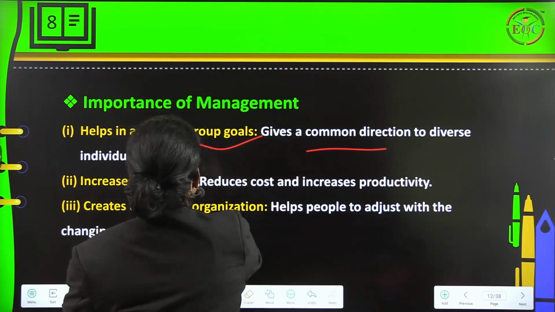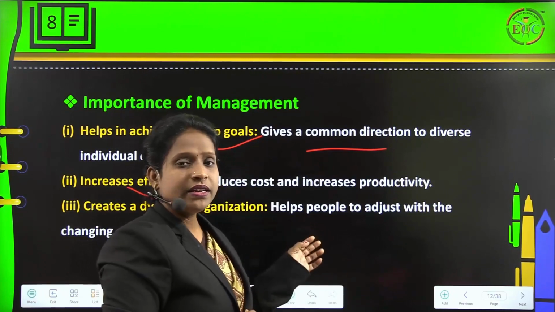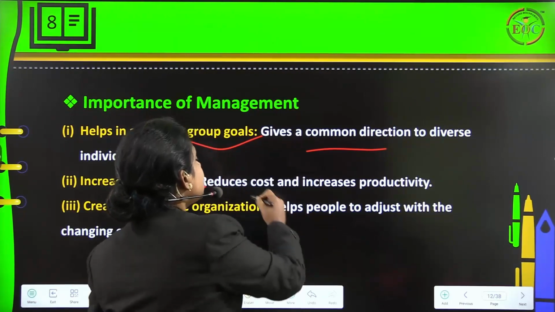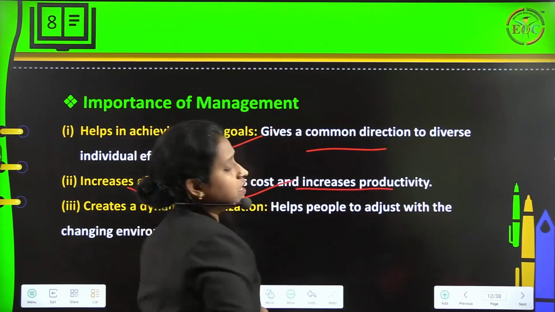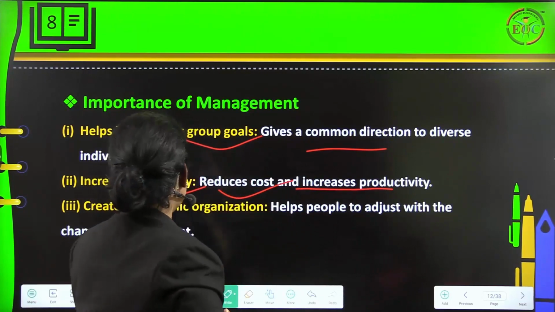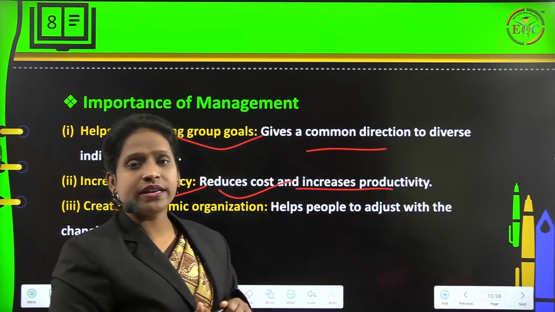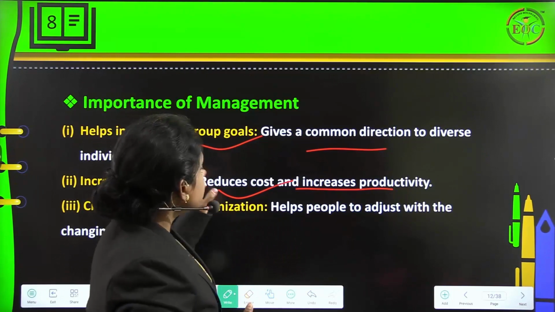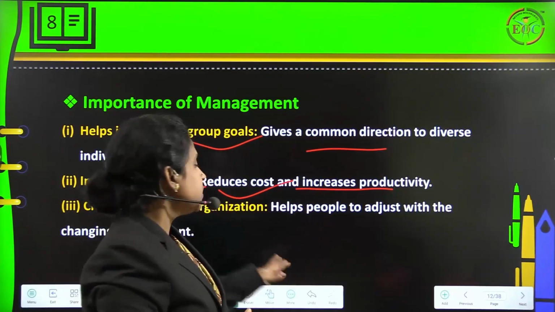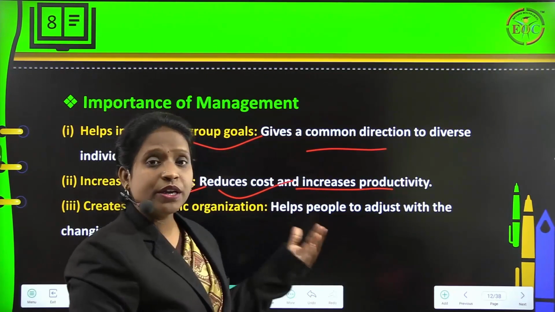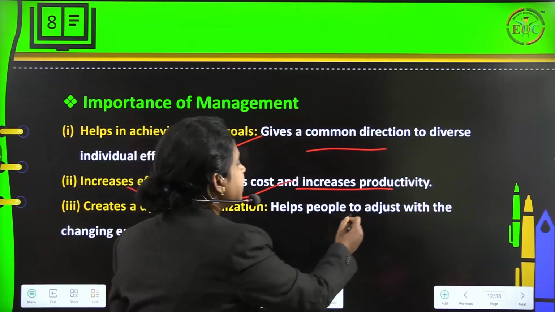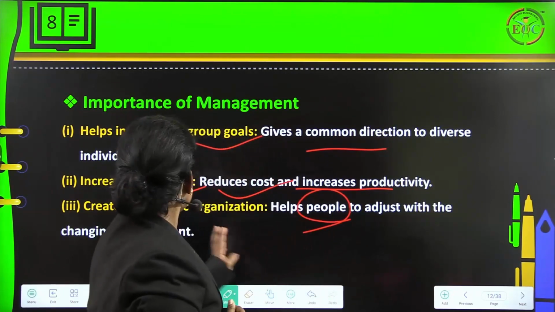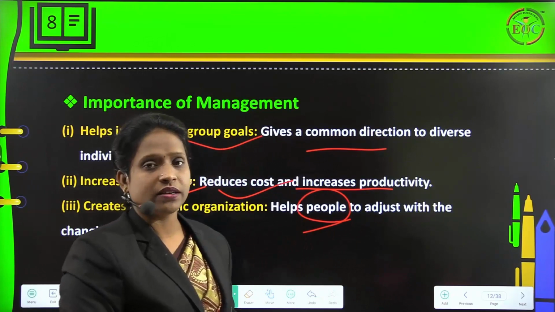And next, increases efficiency. Increases efficiency means what? Reduces cost and increases productivity. Fine. And creates a dynamic organization. Management is also important because it creates a dynamic organization in a way that it helps people to adjust with the changing environment. Fine.